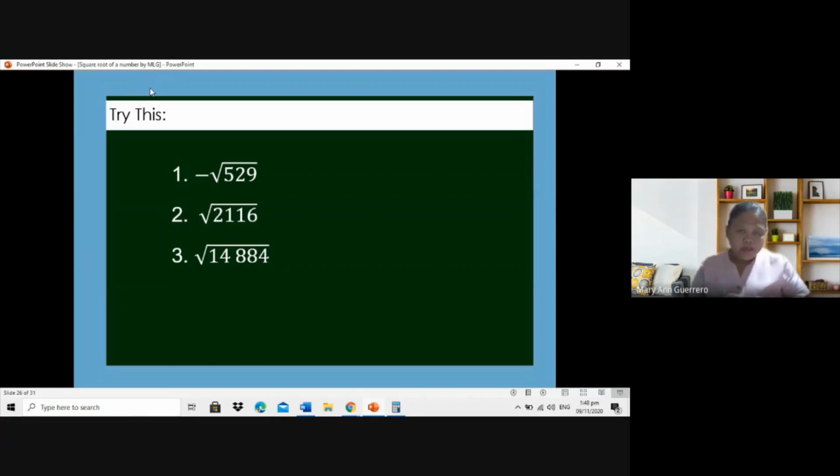Hatiin nyo siya by 2 from right. Okay? So, we have 9, 2, ayan, saka 5. So, ayan yan. 529. Okay? 5 saka 29. So, ngayon, dahil hinati nyo na sa dalawa siya, hanapin nyo yung perfect square na pinakamalapit sa 5.